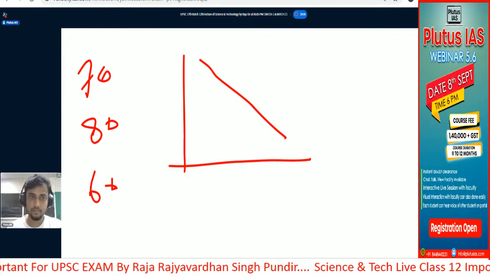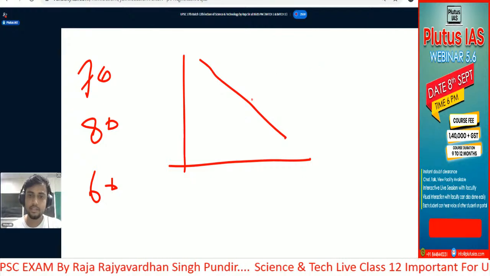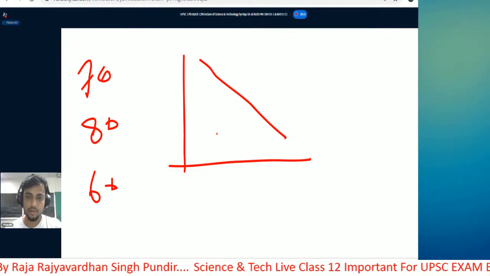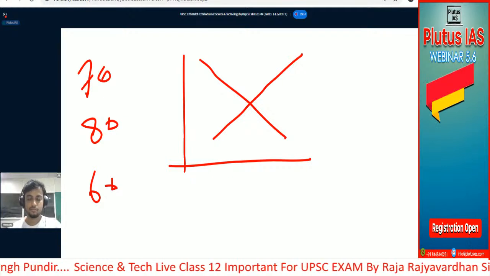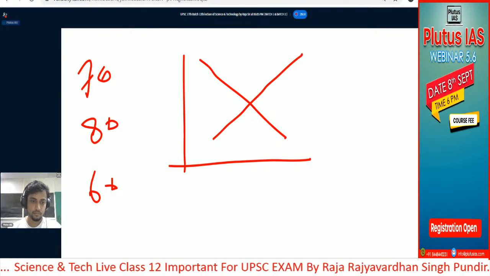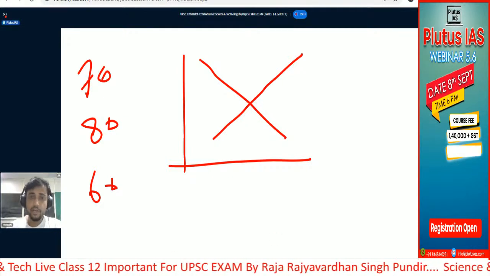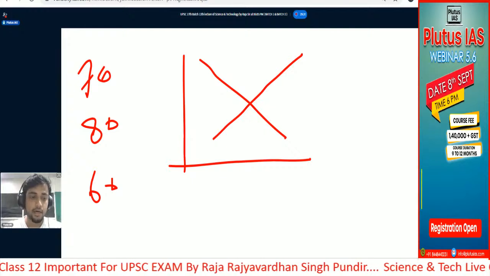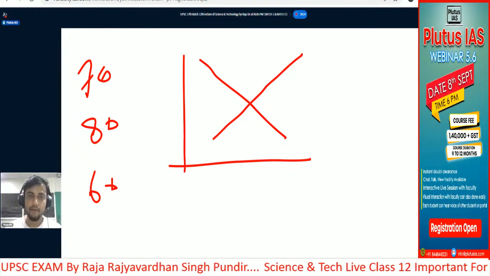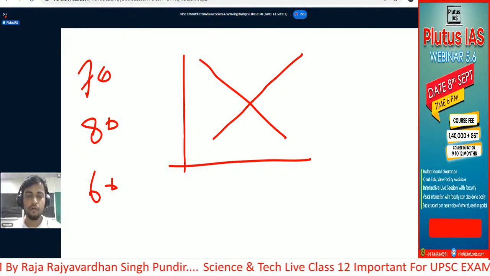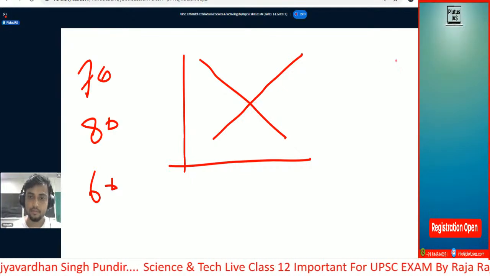Okay, everyone will agree that this is the demand curve and this one is the supply curve. Like we have a demand and supply curve for the commodities, in a similar way we have the demand and supply curve for the dollars.